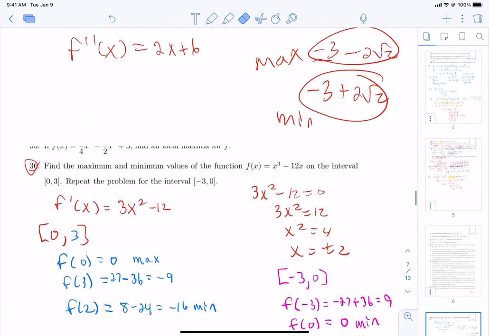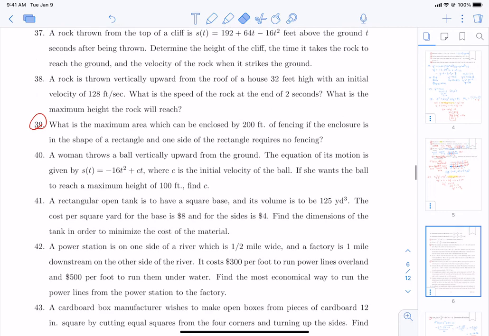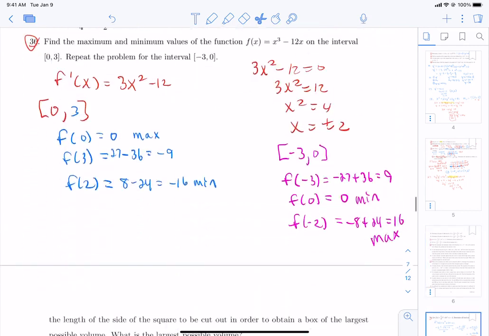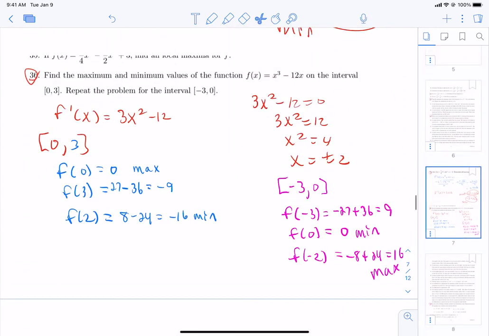That's from that page. Oh, 39. Let's do it. So if you're doing a maximum problem, whether it is a word problem or it is on an interval or it is on a regular thing, and maximum, you remember, is related to the first derivative.